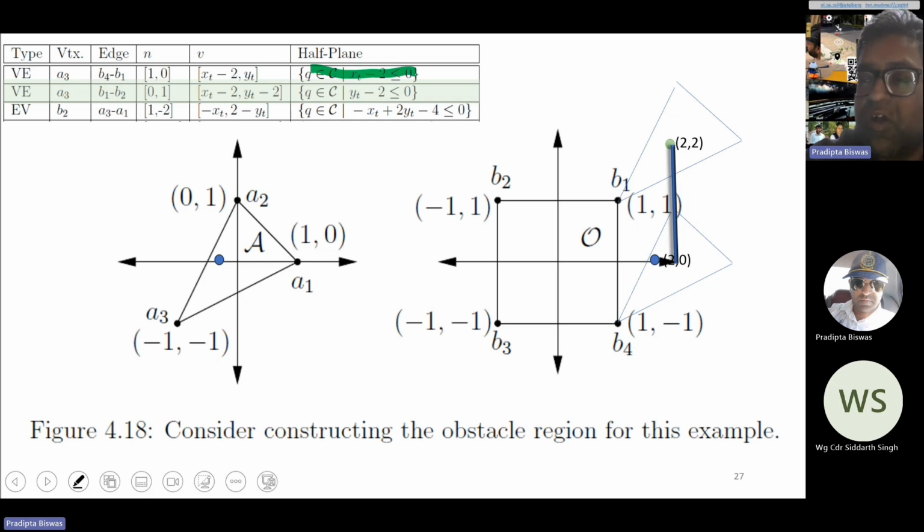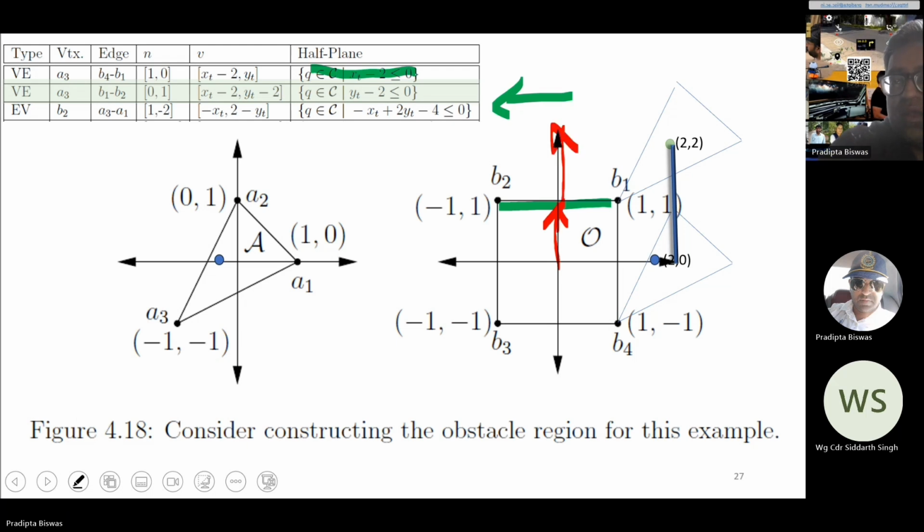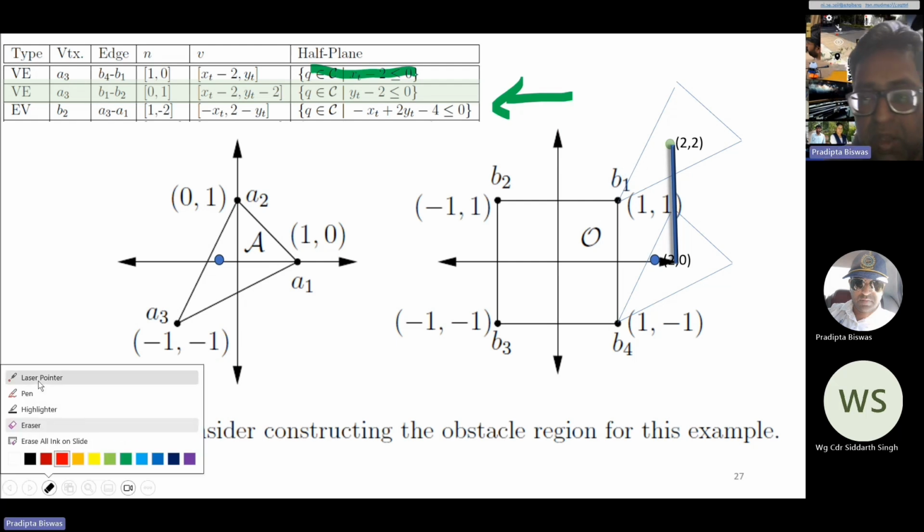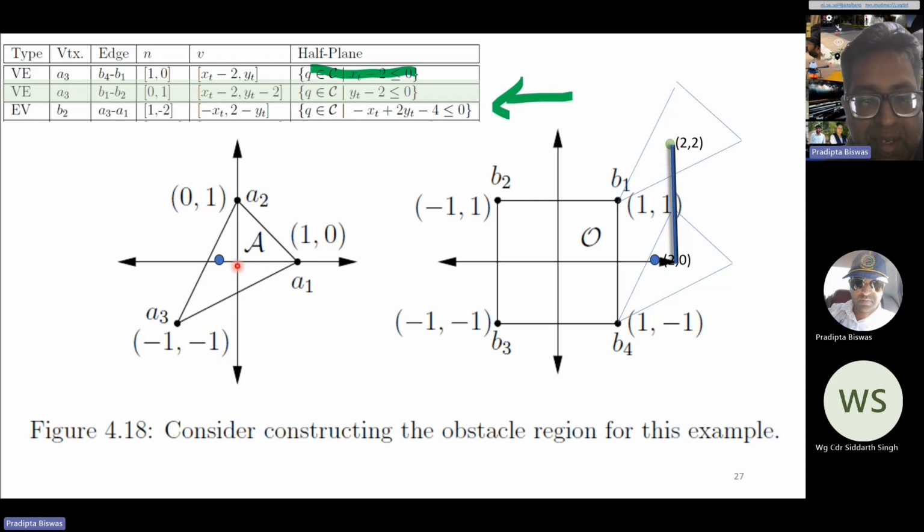And next we will drag the robot across the B1 edge, where the A3 vertex will now drag along the B1, B2 surface, in this direction. And here, again, the normal vector will be 0, 1, as we saw just before. And the position of the point will be 2, 2, this center point.